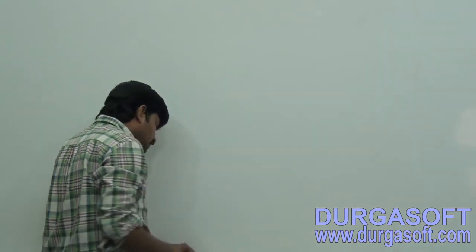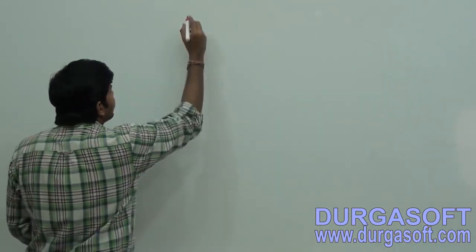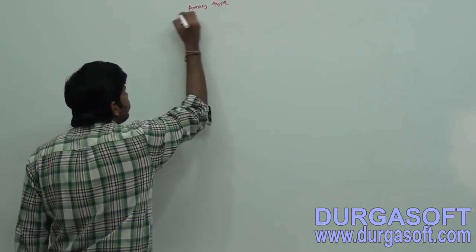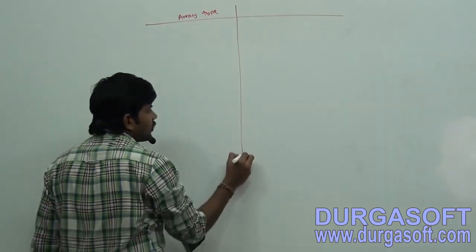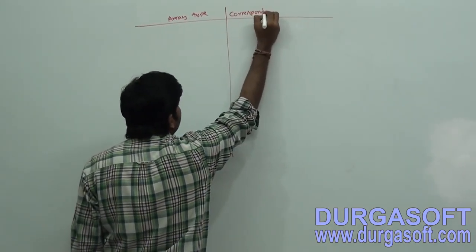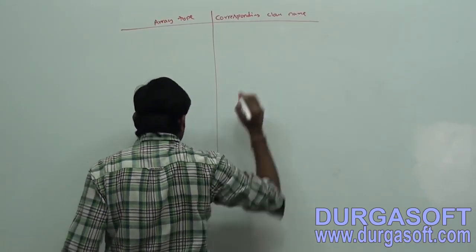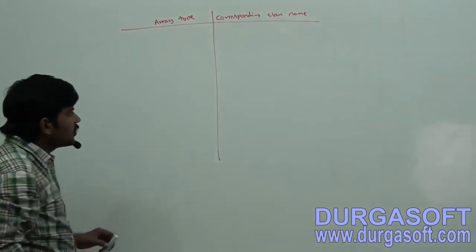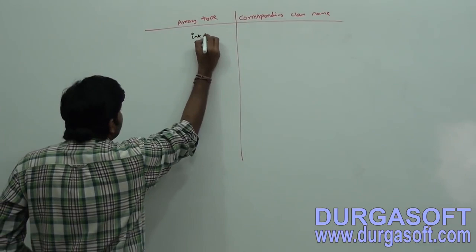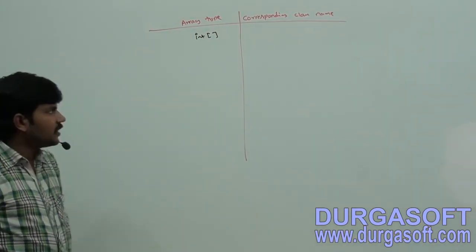Now just observe. Let me put it into a small table form: array type and corresponding class name. Here I am taking an int array.